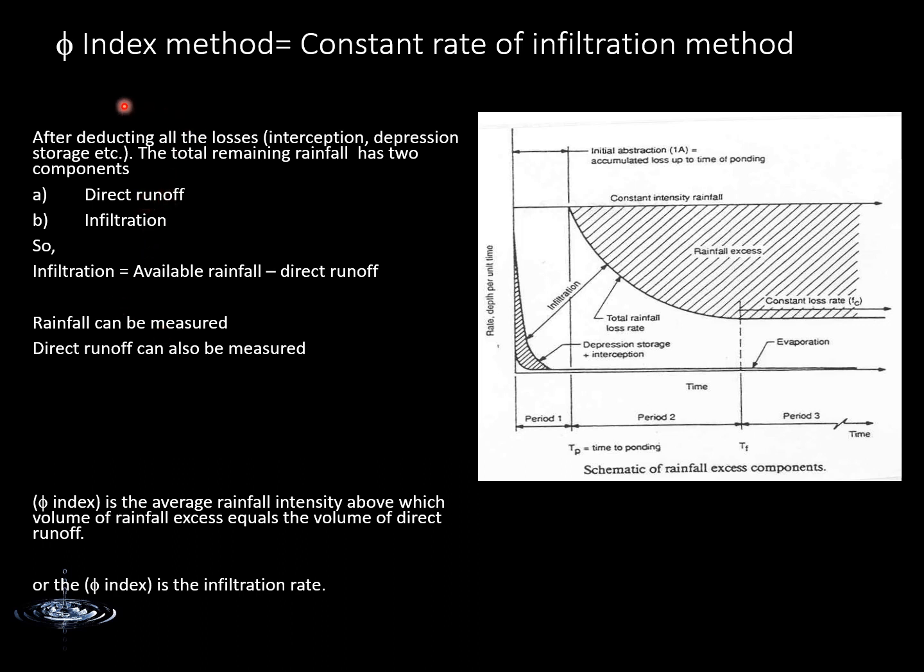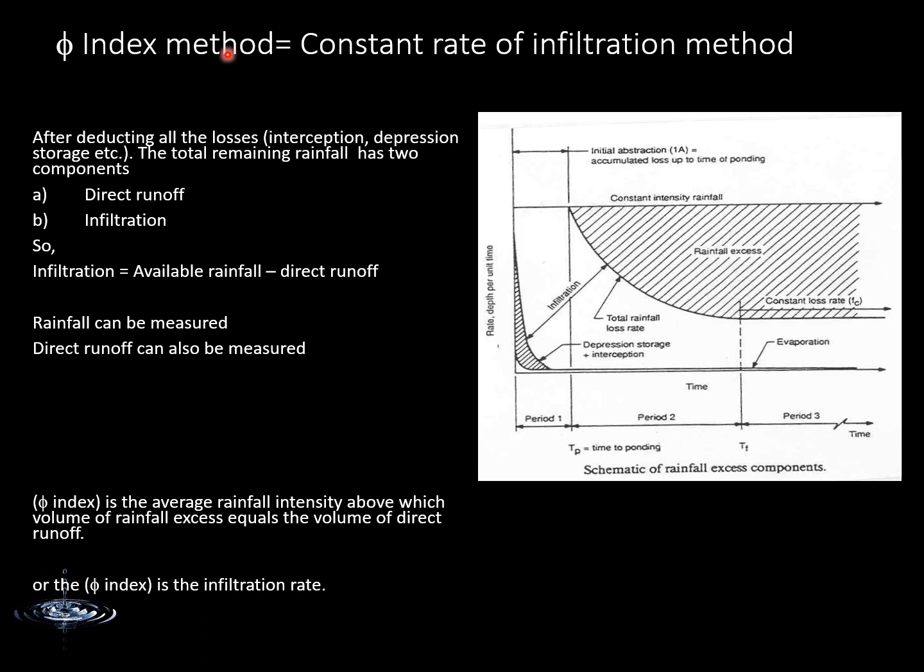So we try to use some simple techniques for that, and one of the methods is called the phi index. The phi index is a measure of the infiltration capacity of soil. So not one particular soil, but the whole catchment. Again, it is an empirical method, and it is an average only.